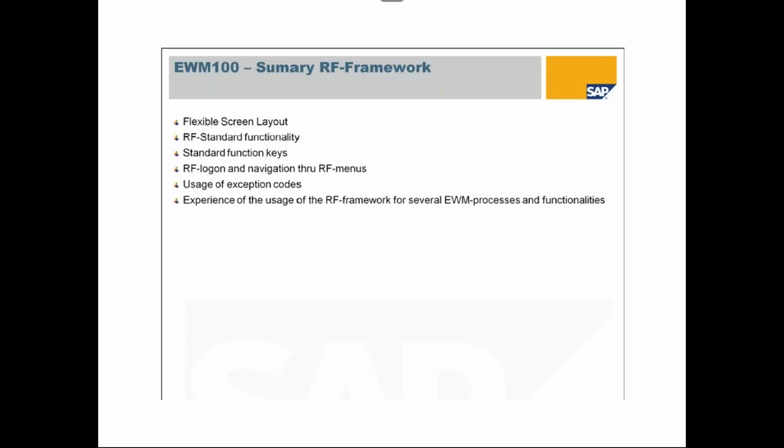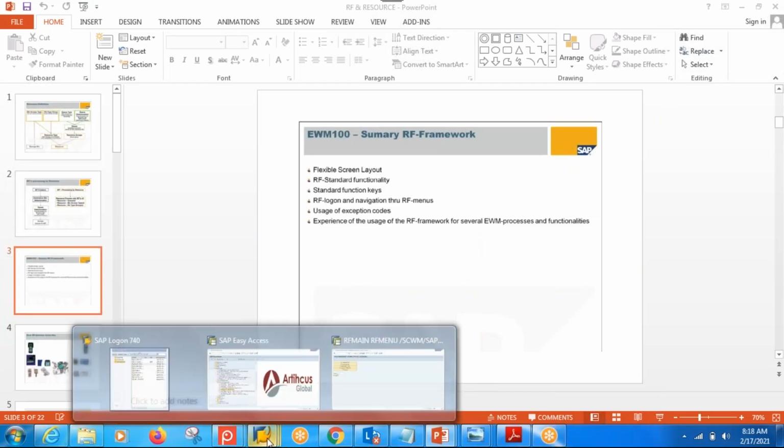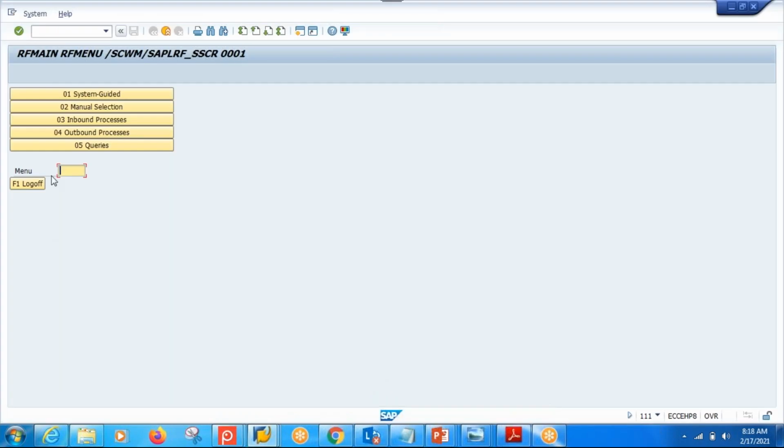And here, RF logon, navigation through menus, standard function keys, I will show you. These are the menus. Say I want to work on inbound. I am clicking the menu, and it has no sub items.